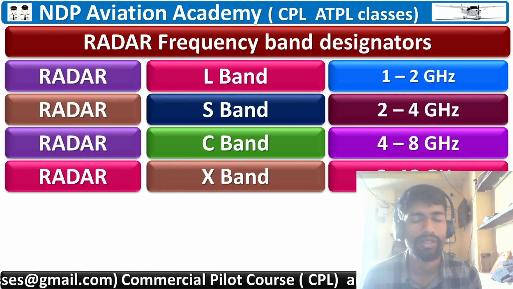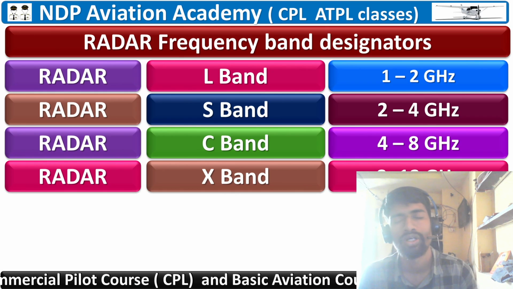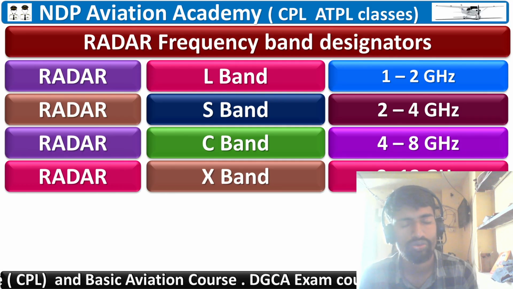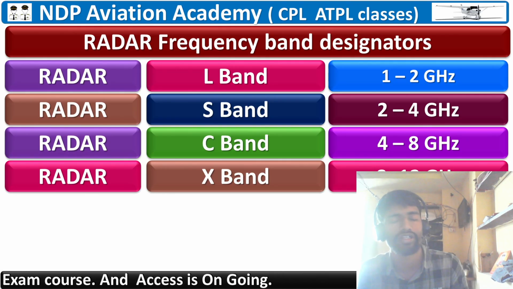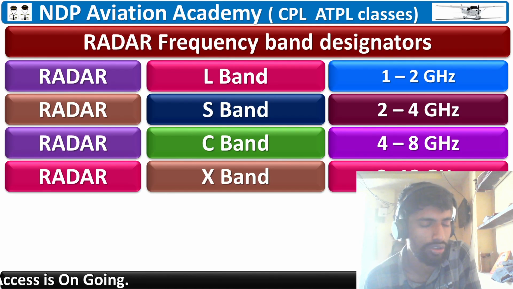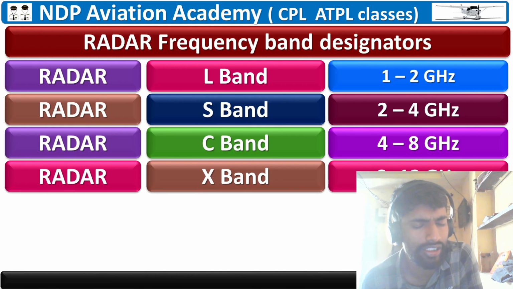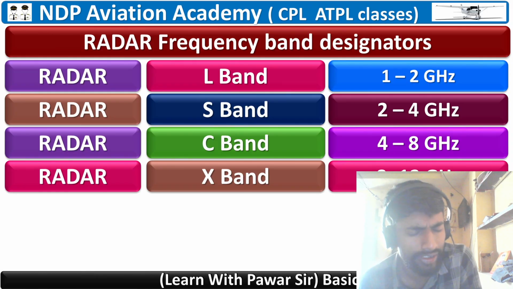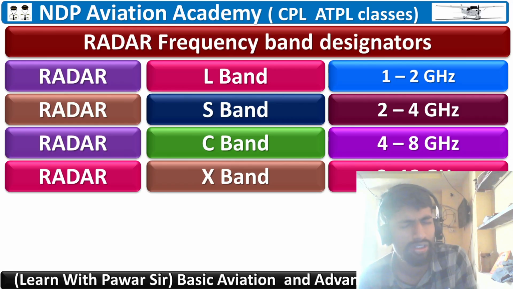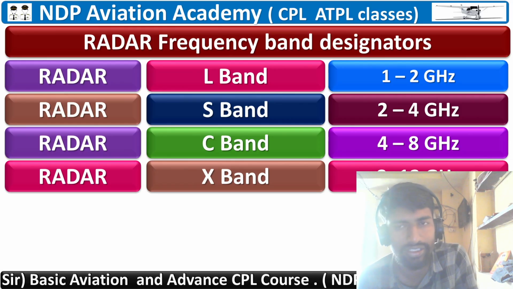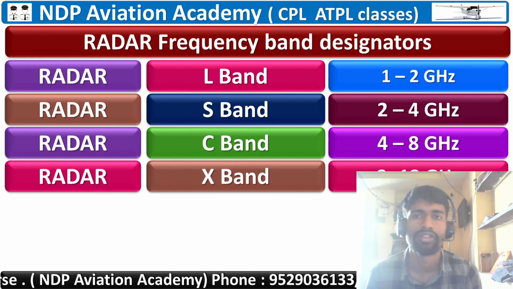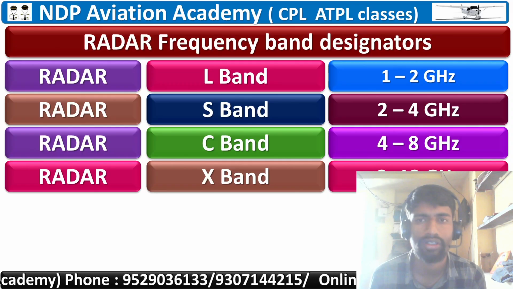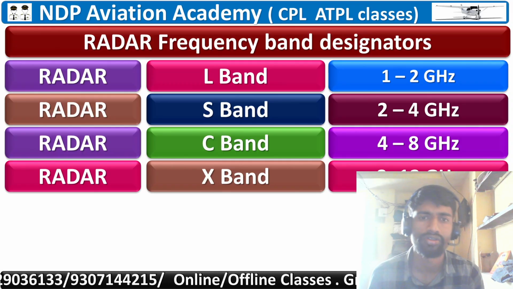Radar L band starts from 1 to 2 gigahertz, radar S band from 2 to 4 gigahertz, radar C band from 4 to 8 gigahertz, and radar X band from 8 to 12 gigahertz. I hope all of what I say now is right.